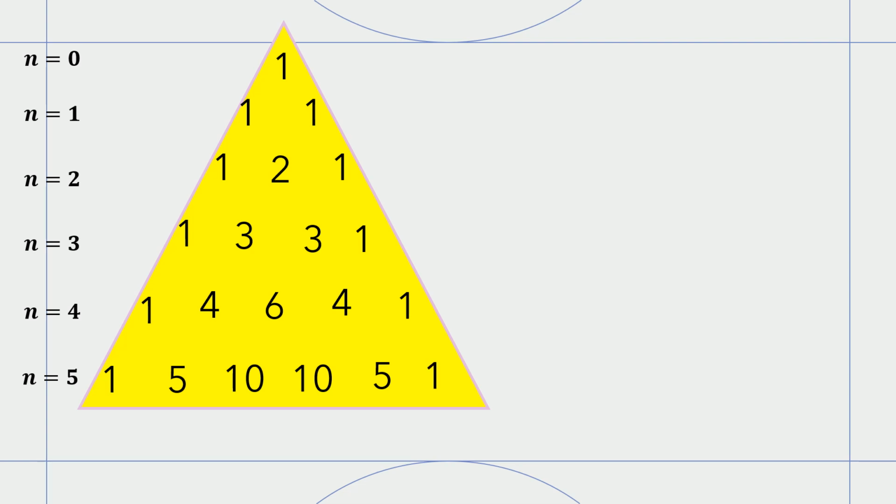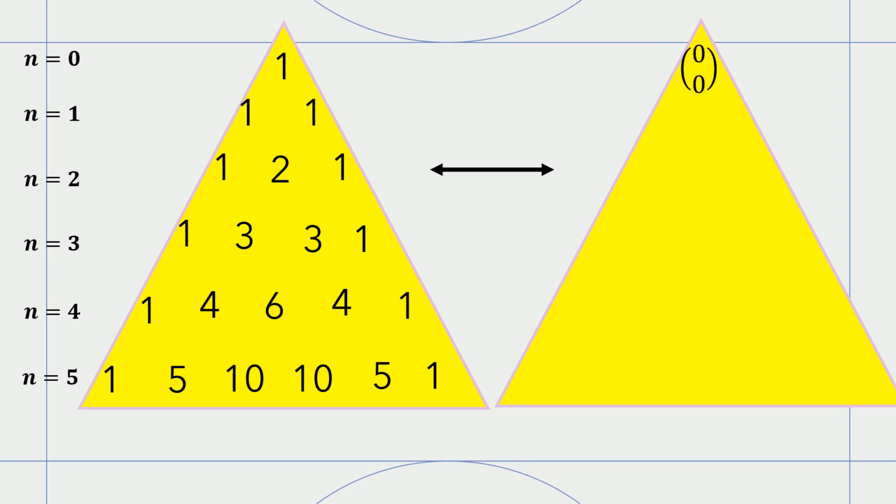All right, so how are these binomial coefficients related to the combinations formula that we spoke of earlier on? Right, so your first term 1 is equivalent to the combinations formula of 0, 0. And when n is equal to 1, this 1 here is equivalent to 1, 0.